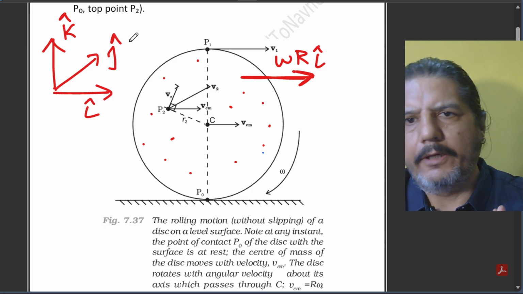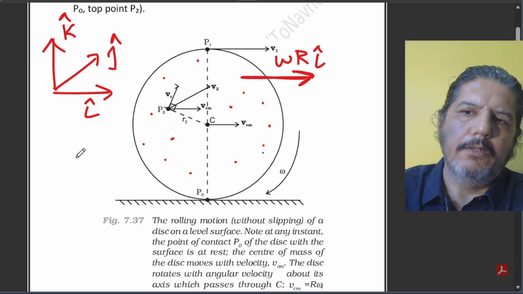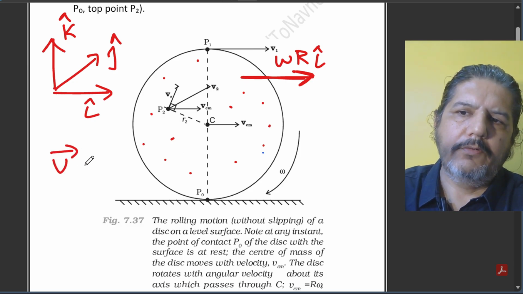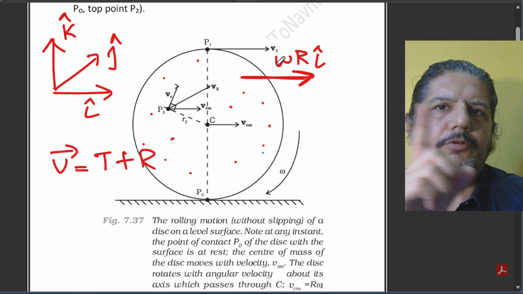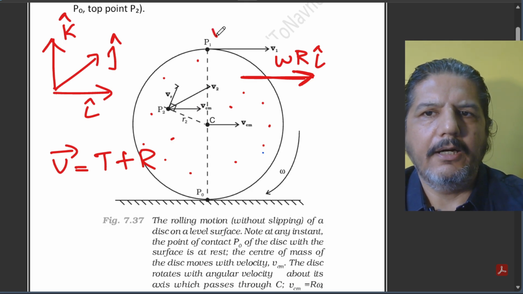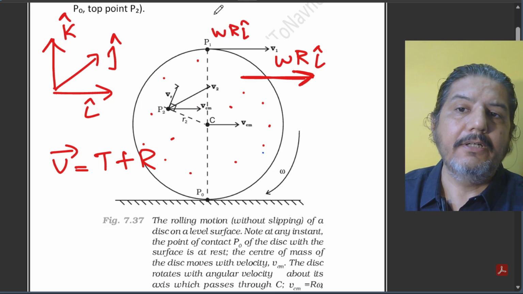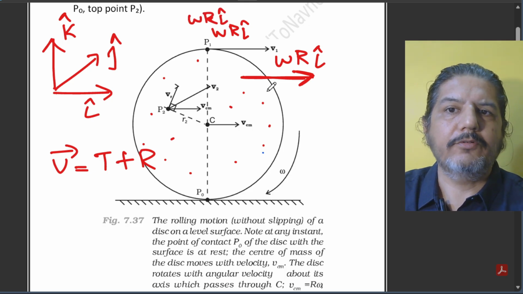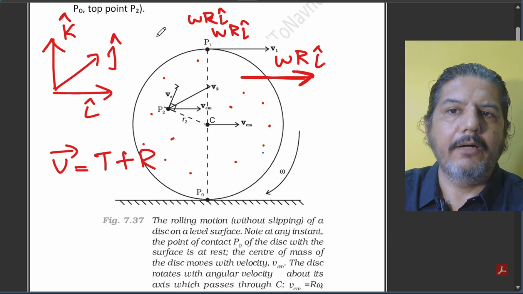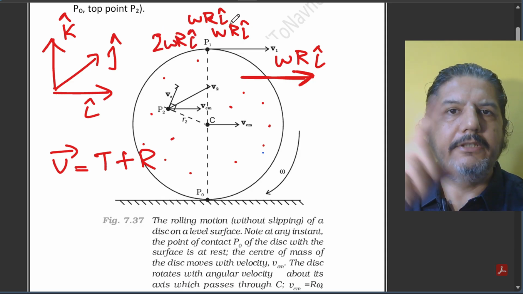Okay. At P1, what we calculated was that the velocity is given by two components, the translational part plus the rotational part. At P1, because VCM is always equal to omega Ri, this is omega Ri. The rotational part incidentally also comes to be omega Ri. So that is why at P1 you'll have 2 omega Ri. That is the addition of these two.